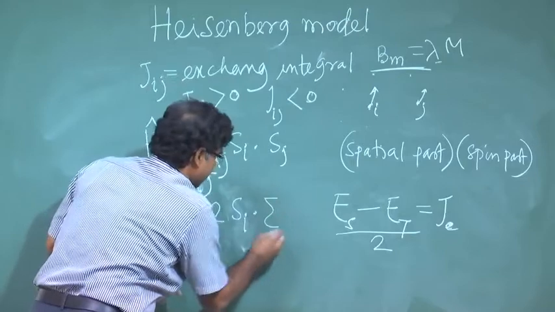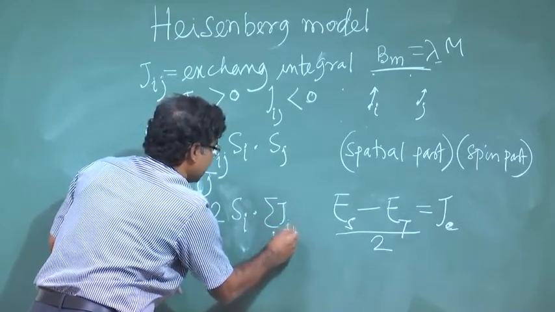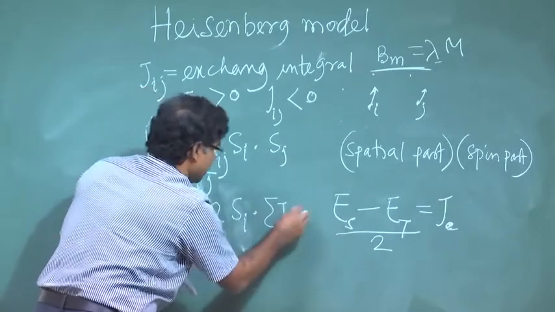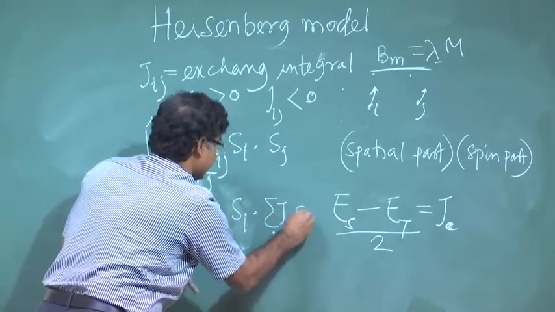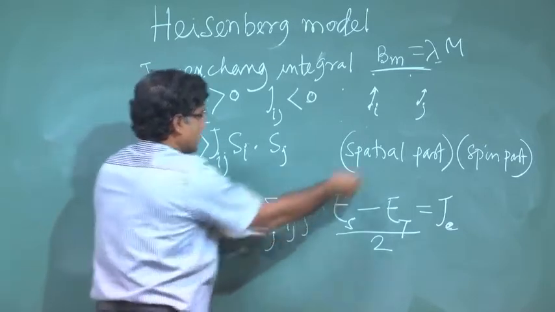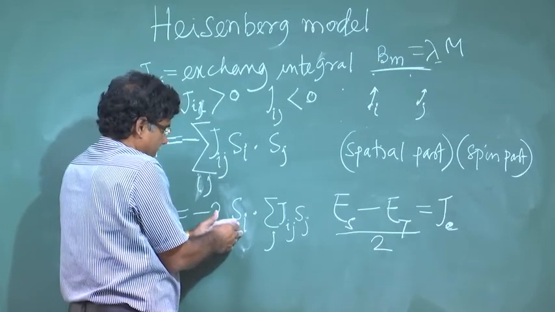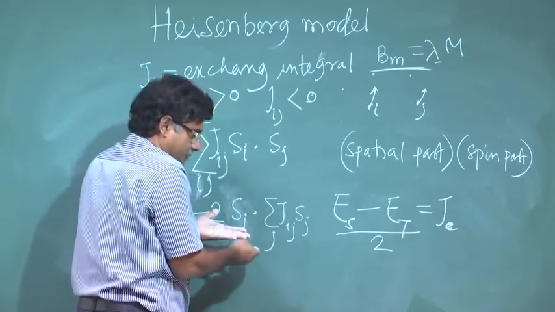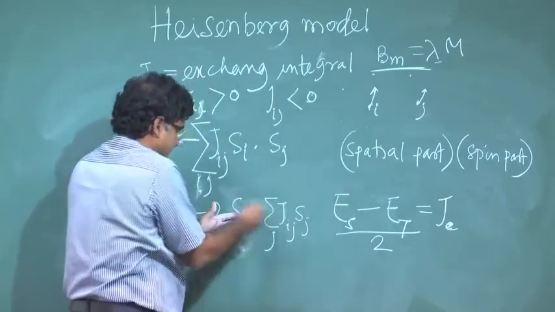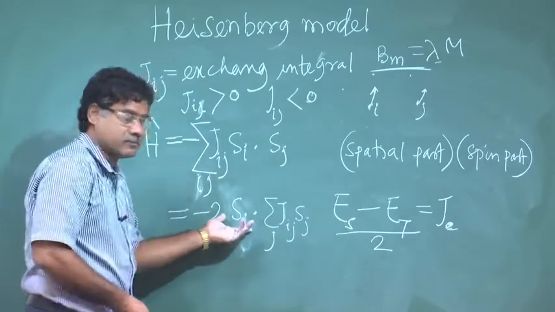So I can write the sum over j of J i j, interacting I with j, and this S j. This is telling us all j interacting with this I. Now, for all I, this one is 1 and the rest of the others are interacting. So I can express it this way. Now I can vary this I.